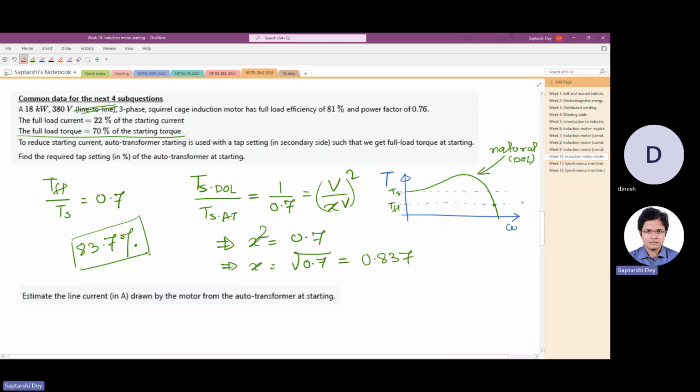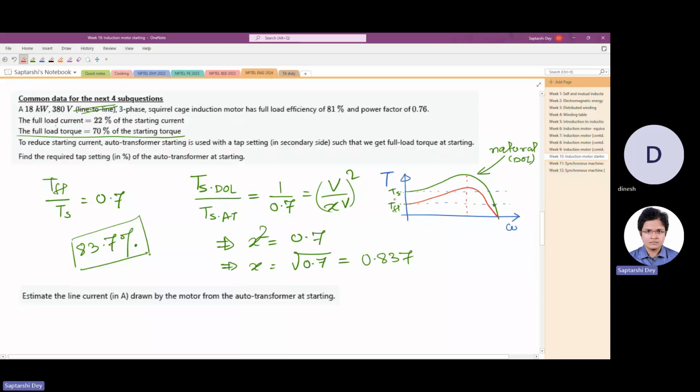Now we are doing an auto transformer starting such that the curve is like this. Let me draw the curve properly. You reduce the voltage, the curve is like this.